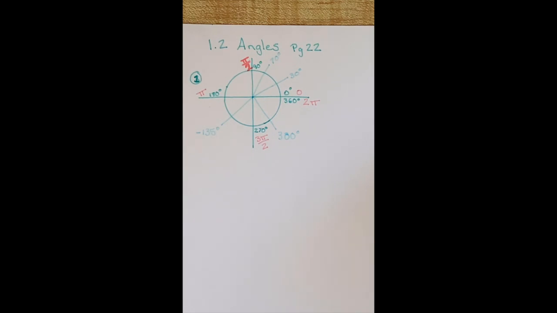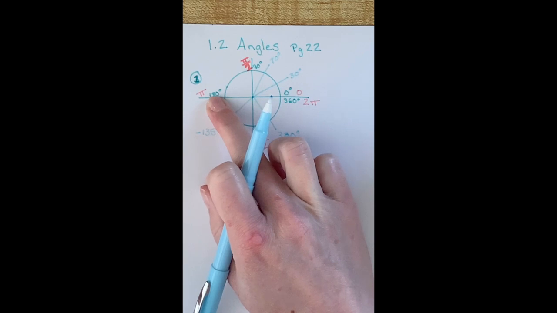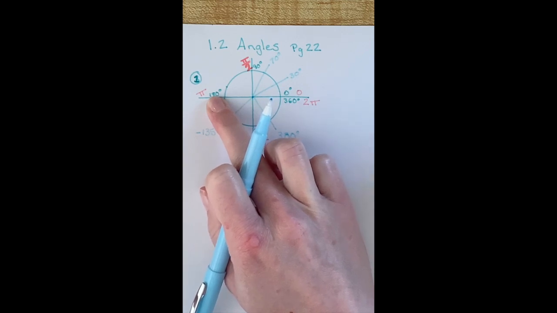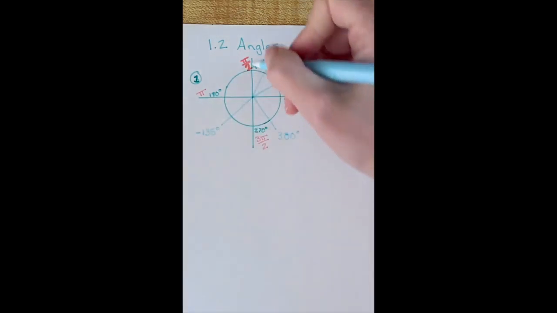And then there are 2 of these that are in radians. So 2 pi over 3. Now I know that a whole pi is half of a circle. So 2/3 of that, 2/3 is between 1/2 and a whole.